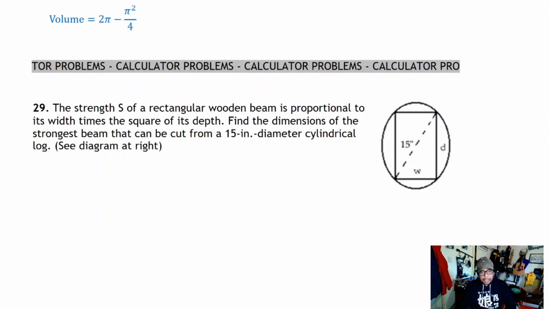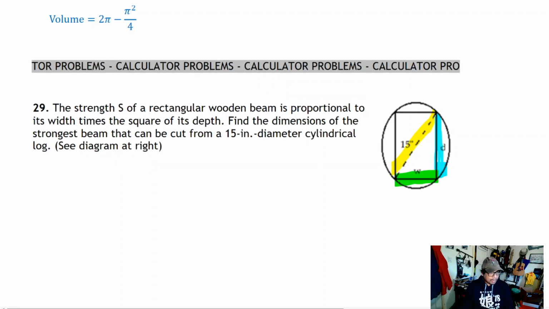Great. So I'm looking at this, and if we're doing a 15-inch diagonal over here, and our depth and our width are designated this way and this way, vertically, then that means that the Pythagorean theorem is probably going to come into play here, since this is presumably a right triangle.